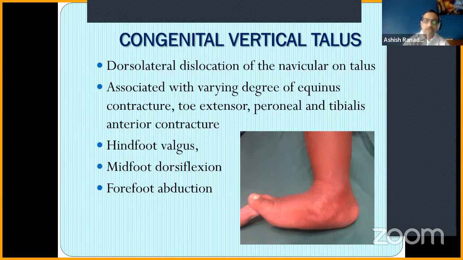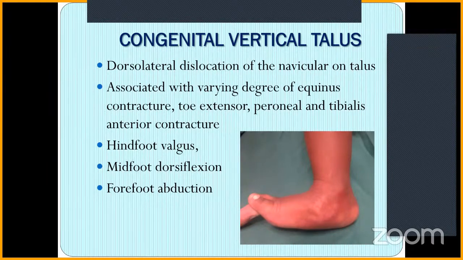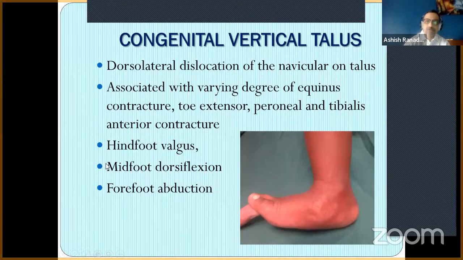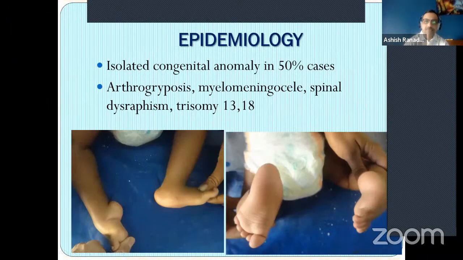We'll see more about that. There is associated equinus of the hindfoot, associated valgus, then midfoot dorsiflexion and forefoot abduction. And all this is because of this dorsolateral dislocation of the navicular on the talus.